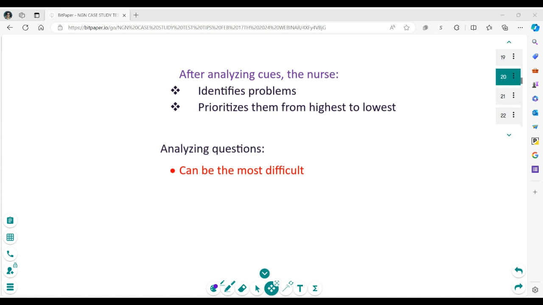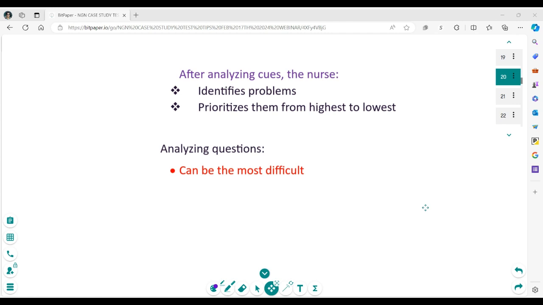Are there any assessment findings or cues that support or contradict any specific client conditions? What other clinical assessment findings will assist in establishing significance of assessment cues for those priority concepts? So you want to mainly think about the condition, the assessment, the findings, and establish a significance of those assessments. What are those cues that are helping you identify problems?